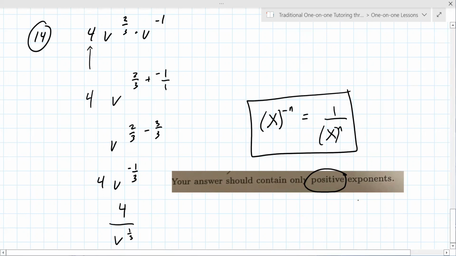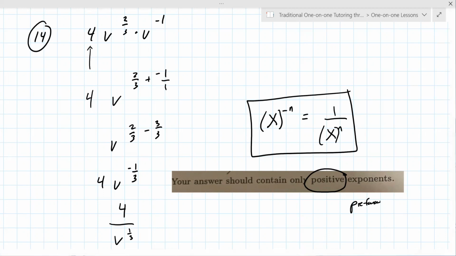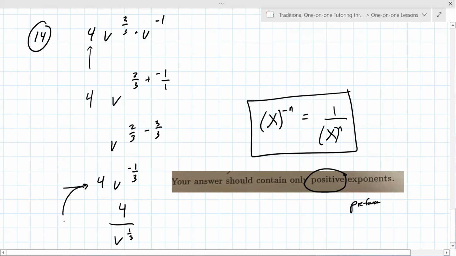Now, this is just a preference. It is what they want. You have to give them what they want, but know that this is just a math thing. The previous line is correct too, it's just that the next one is preferred. And that's what you have to give for your final answer.